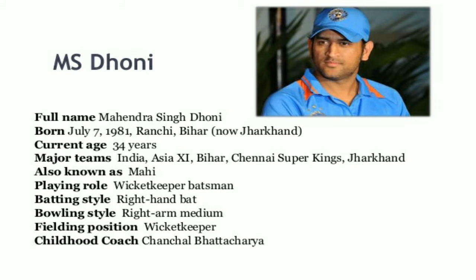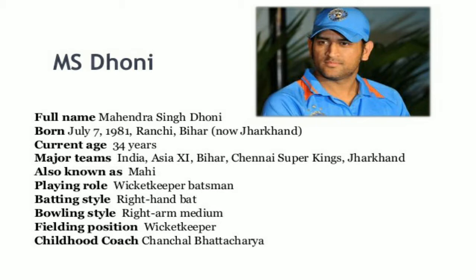So now next, MS Dhoni. Here we can see a photograph of MS Dhoni. You all know that MS Dhoni's full name is Mahendra Singh Dhoni, and he is an Indian cricketer.